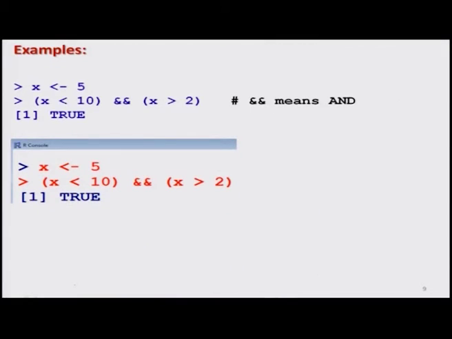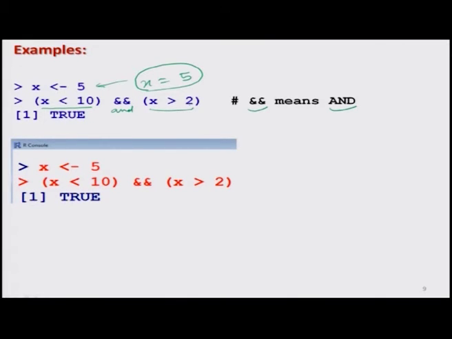Now, I am taking another example. There are two statements which I would like to show here. Here I take x equal to 5, and there is an operator, double ampersand, which means AND, that we discussed earlier. Now I want to check that when x is equal to 5, the statement that x less than 10 and x greater than 2, is this statement true or false?